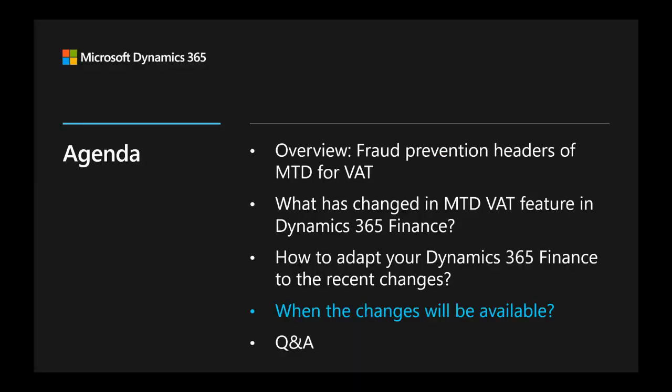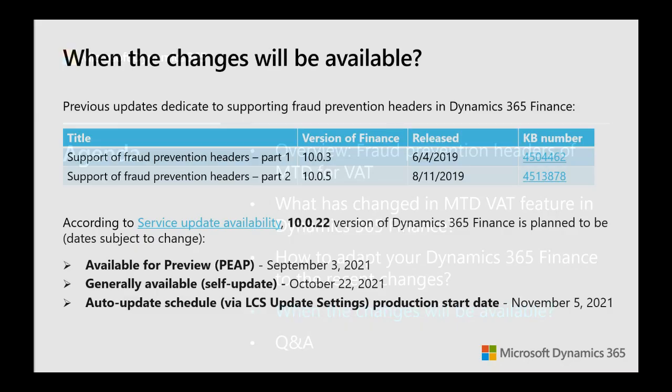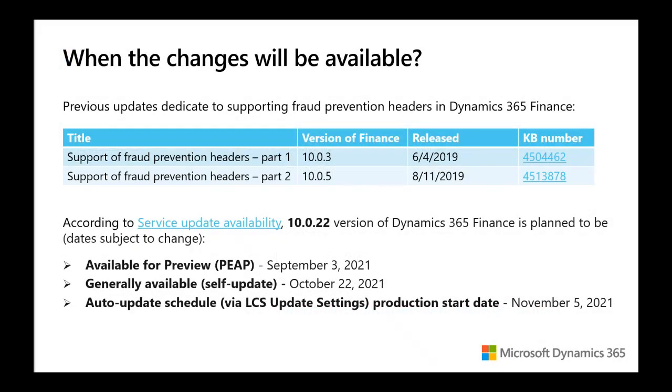Well, now we can talk about when these changes will be available and can be installed. As I already mentioned, the first two parts of fraud prevention headers were delivered for Dynamics 365 Finance quite some time ago. First package is available since 10.03 version, and then in 10.05 version there was an extension delivered.